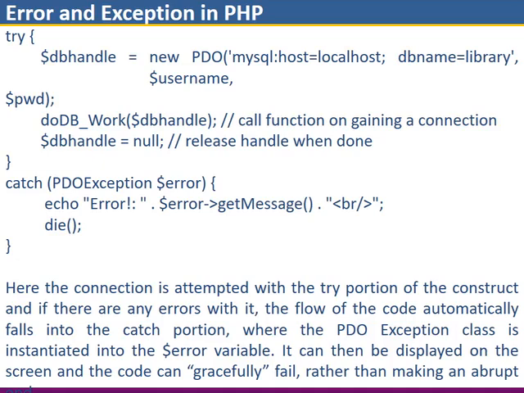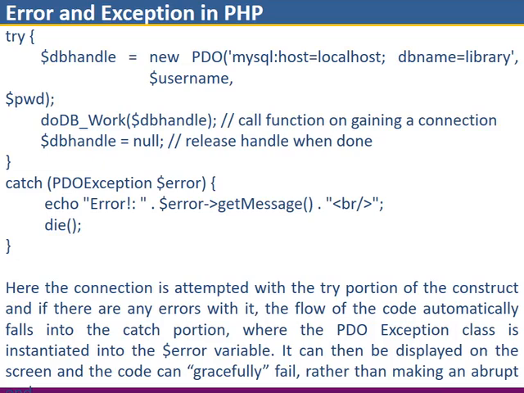To explain the code above, the connection is attempted within the try portion of the construct, and if there is any error, the flow of the code automatically falls into the catch portion.